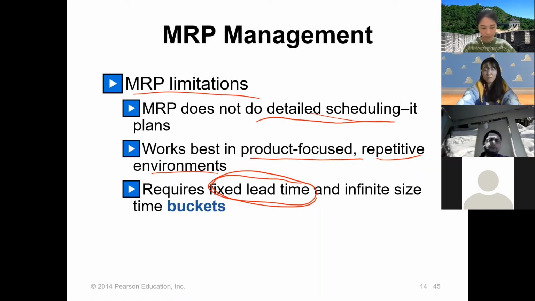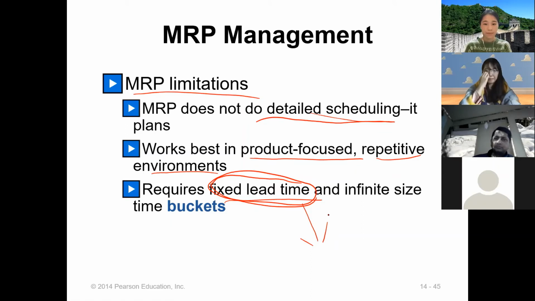Yaakob, in the real world, is fixed lead time something confirmed? No, in reality, it's quite difficult. It changes.